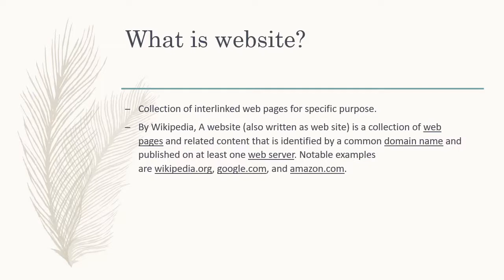So when we put any website, that website is published, registered, and we get a specific domain name, and that website is kept on the server. When this is kept on the server, anyone can see what you have kept on that particular website. Notable examples are wikipedia.org, google.com, and amazon.com.